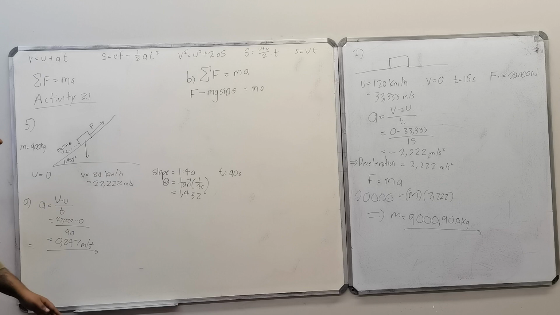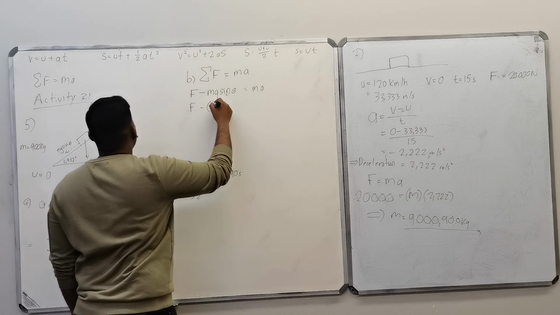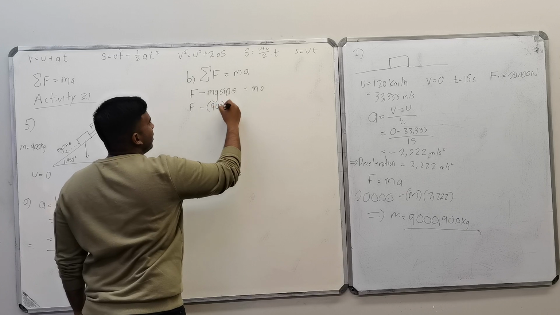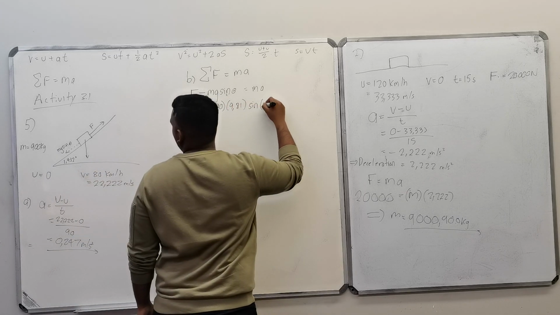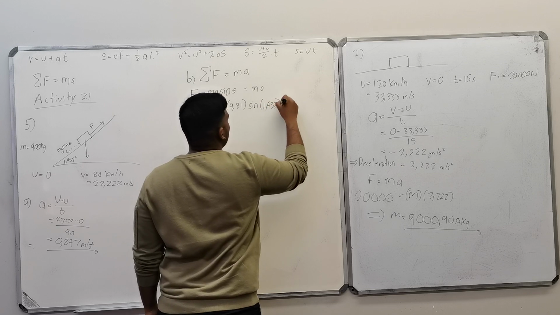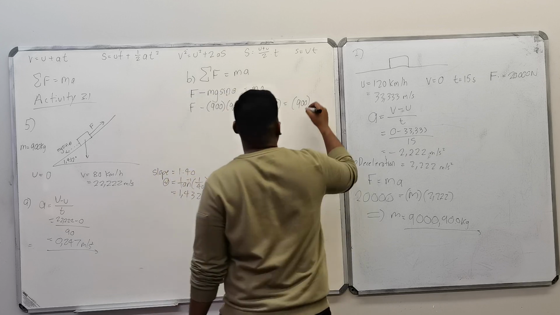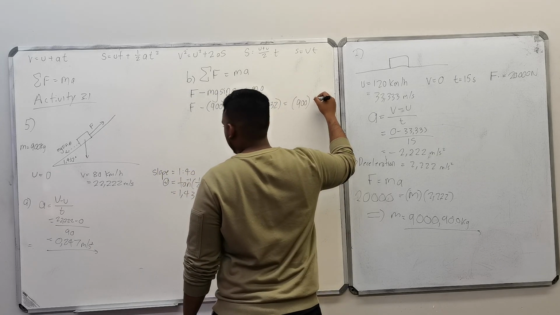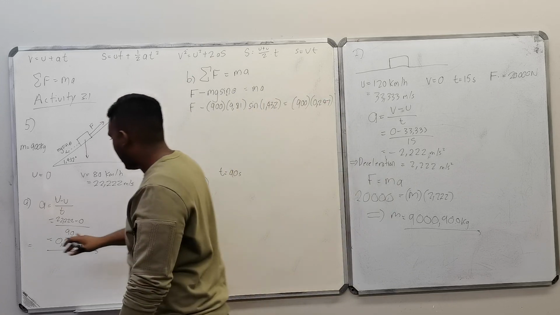Right. This is what we try to work out. F minus, m is 900, g is 9.81, sine of 1.432, equal to 900 times this acceleration, which is 0.247.